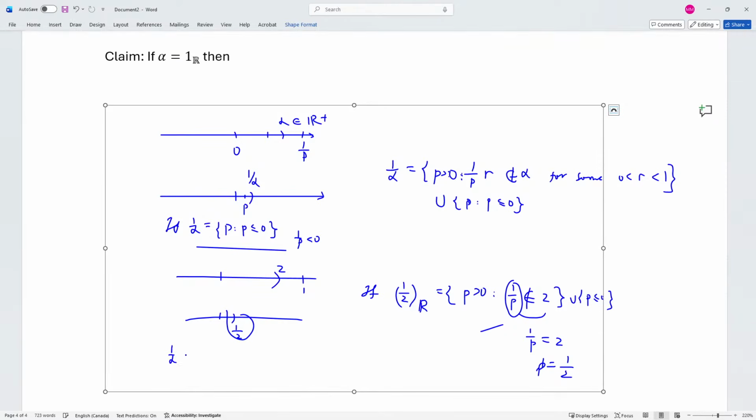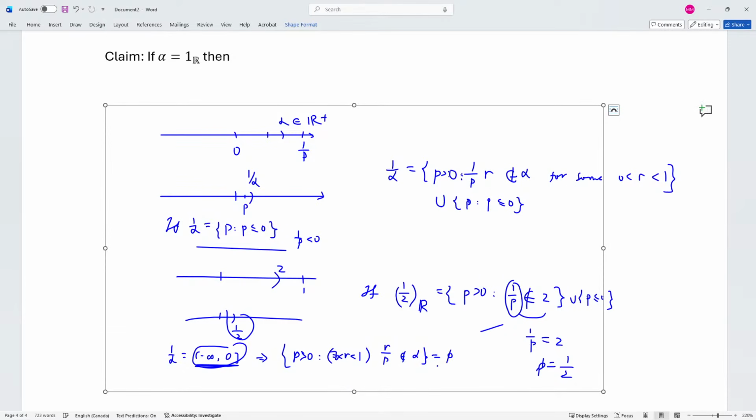If 1 over alpha is equal to minus infinity, I'm just abusing the notation, okay? Then the set of P greater than 0 such that there exists R in (0,1) such that R over P is not in alpha is the empty set, because 1 over alpha is the union of those two.